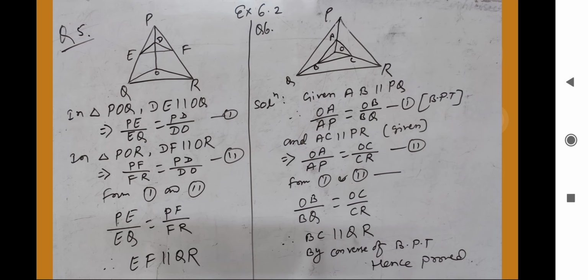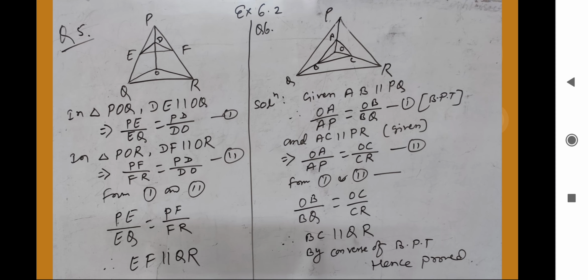In triangle OPQ, look carefully, AB is parallel to PQ, so we take OA by AP is equal to OB by BQ. This is the first equation.